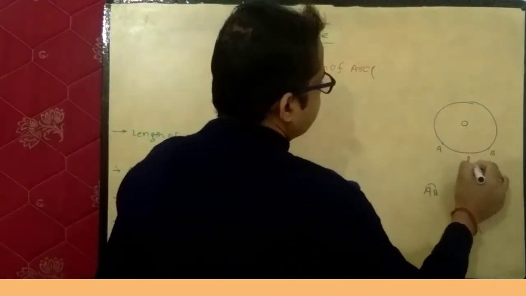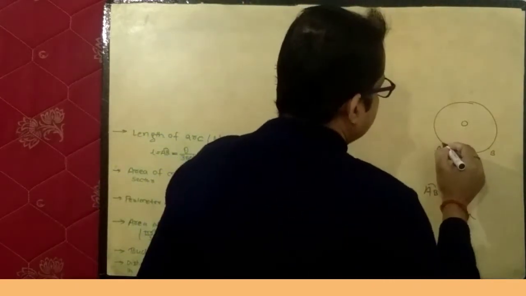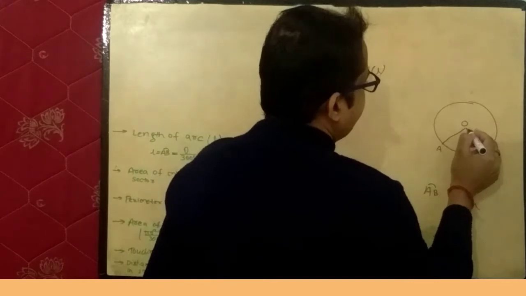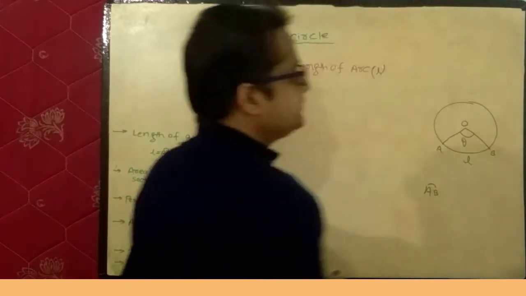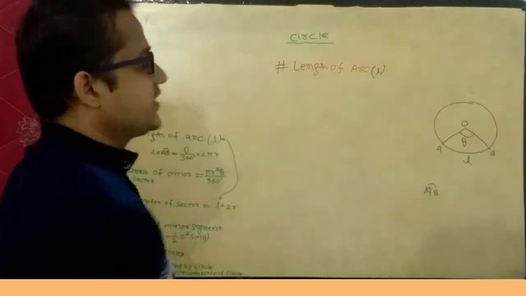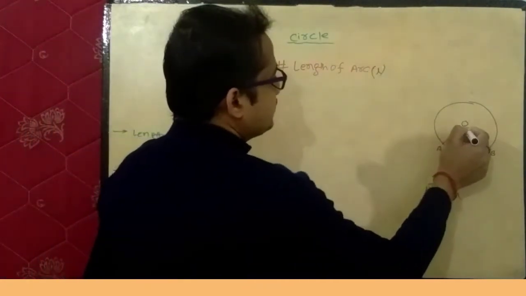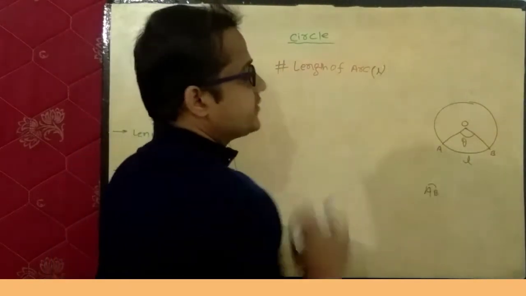Let this arc length be small l. Now this arc is making an angle of theta at center O. So this angle theta is known as the central angle for this arc AB.